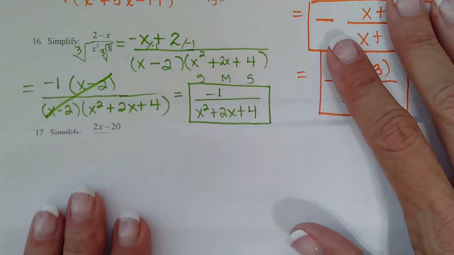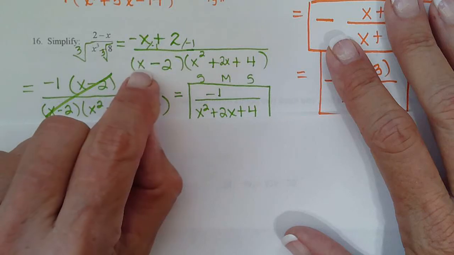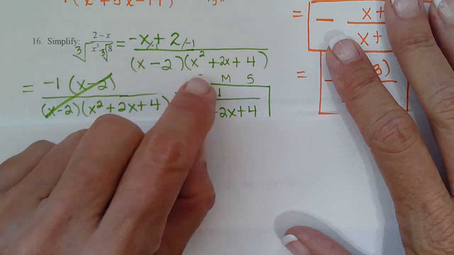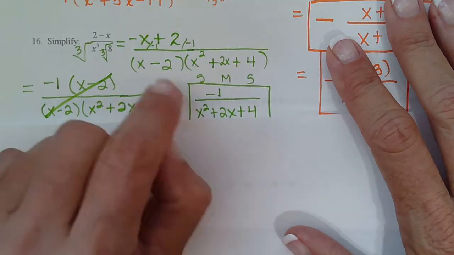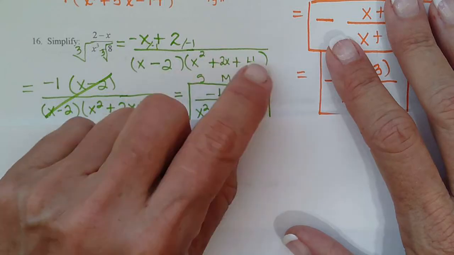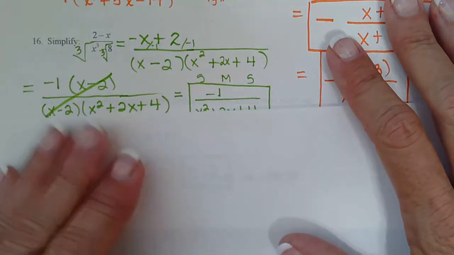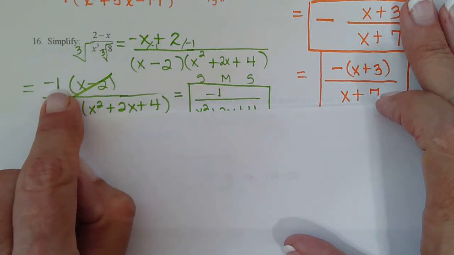Then we do cube roots. Cube root of x cubed is x. Cube root of 8 is 2. And then the square, multiply, square. Square the x, squared. Multiply 2x. Square the 2, 4. So then I need to pull my negative out of there. So I put the negative 1 in front.